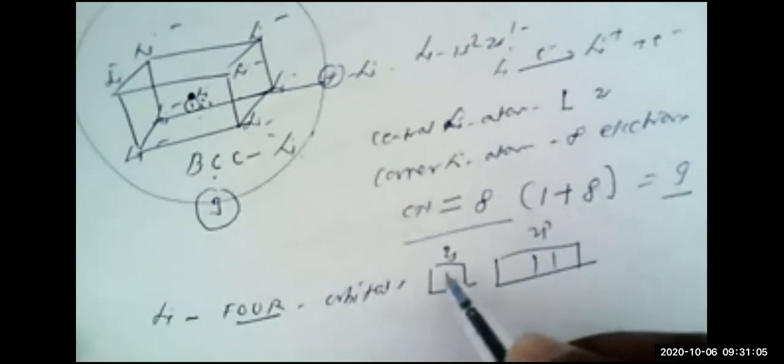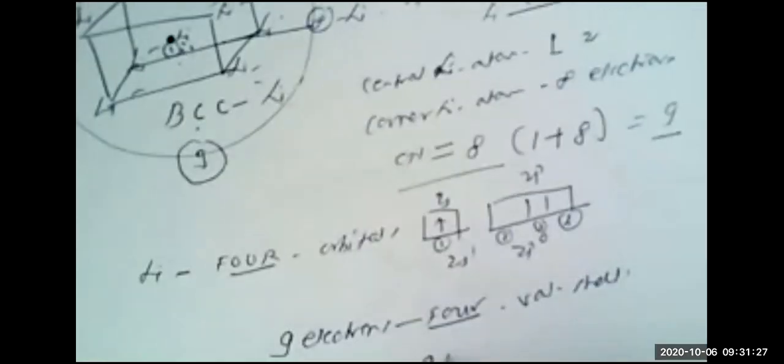So every lithium atom has in all 4 orbitals in the valence shell: the 2s orbital and the 2p orbitals. 2s contains only one electron, 2s1, while 2p is empty. So this is first, second, third, and fourth.